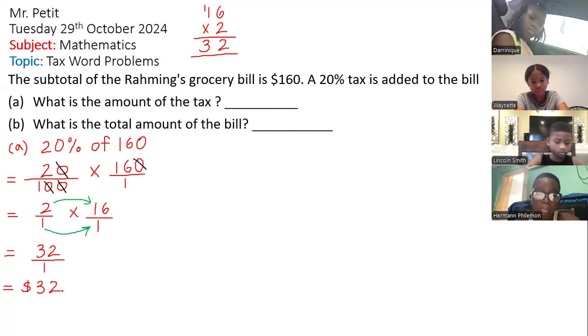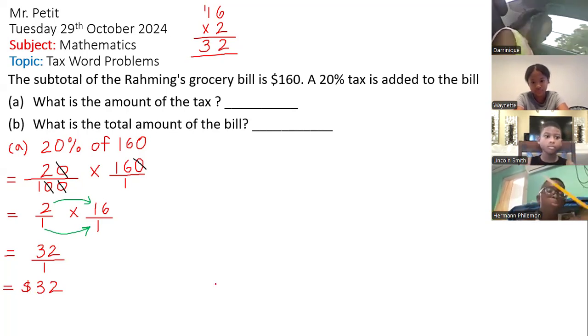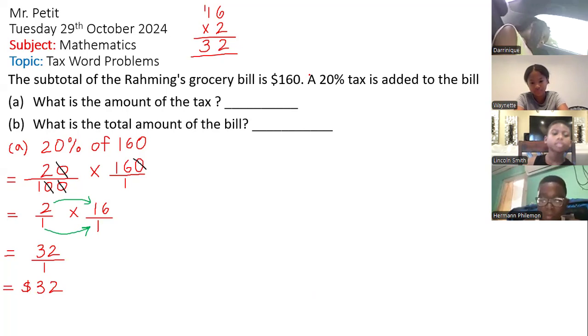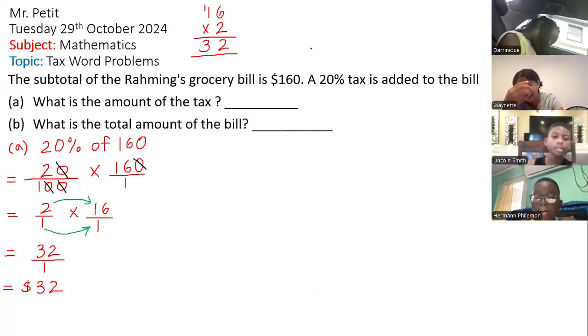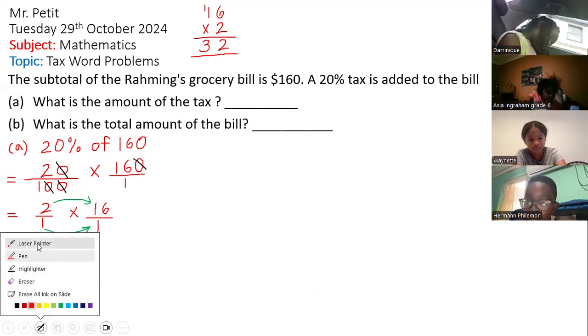Go ahead, Lincoln. Can you explain how we got $32? We got $32 by putting 20% and 160 into a fraction.